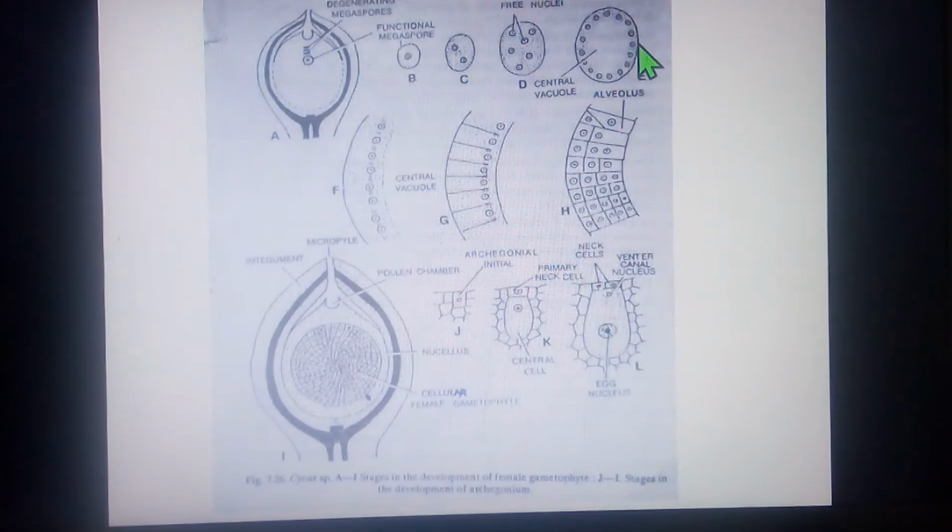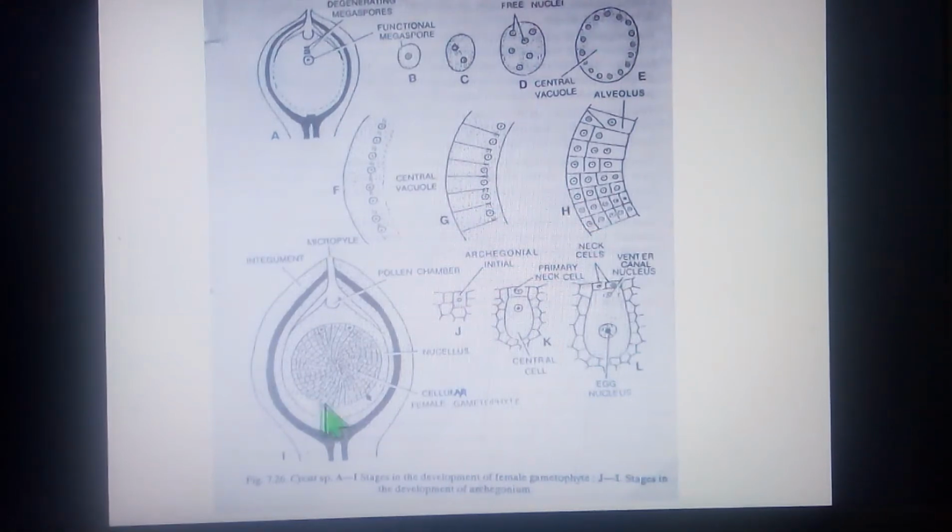So what is the next step? Now these free nuclei are mostly distributed in the peripheral layer of the cytoplasm surrounding a big central vacuole. What happens next is that cell wall formation between these free nuclei takes place, from the periphery extending towards the center, until the megaspore vacuole is filled up with a cellular tissue.